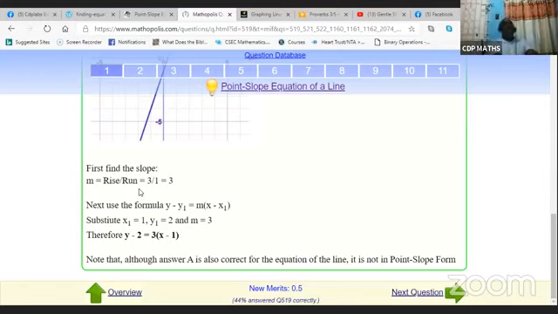You just have to follow the steps. Note that although A is also correct for the equation of the line, it is not in point slope form. So you have to give them what they ask you for. Is that clear?